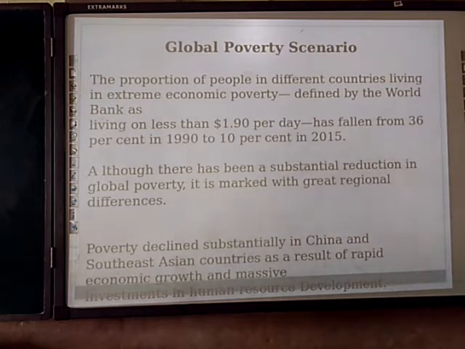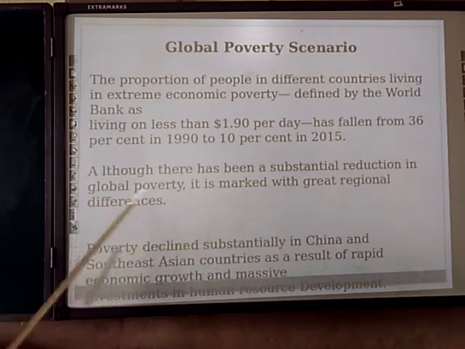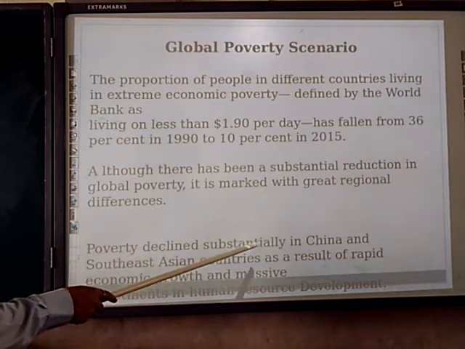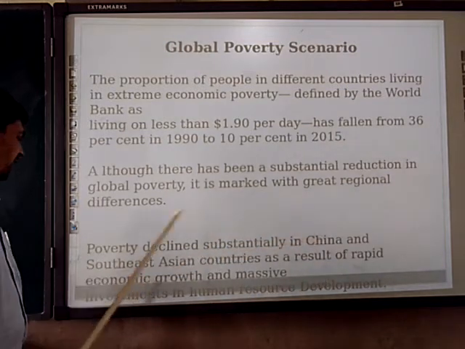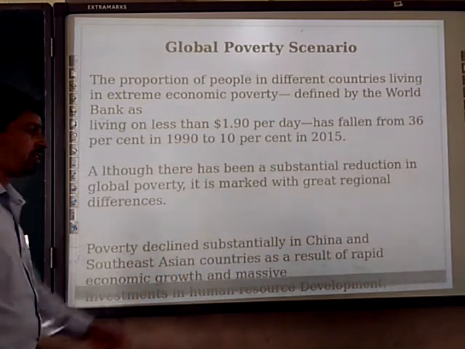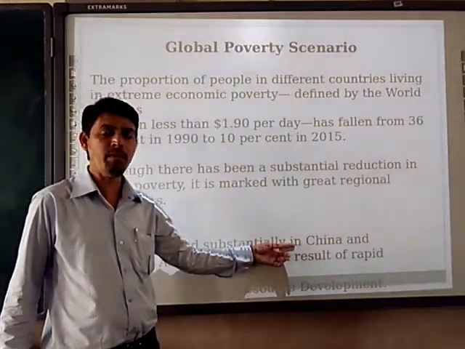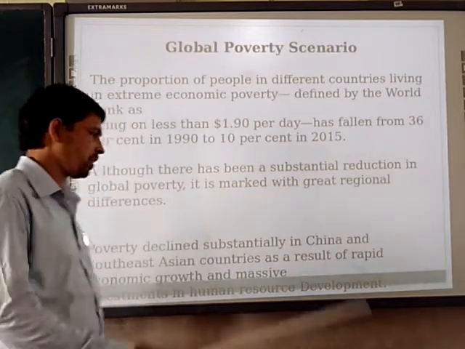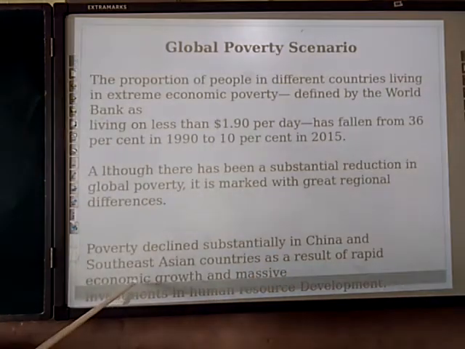Although there has been a substantial reduction in global poverty, it is marked by great regional differences. Poverty declined consistently in China and the Southeast Asian countries as a result of rapid economic growth and massive investment in human resource development.